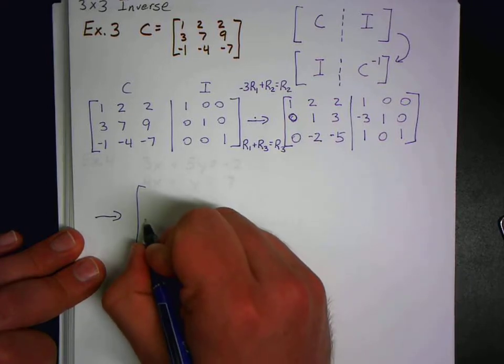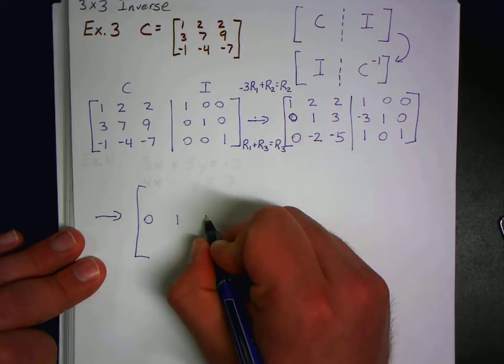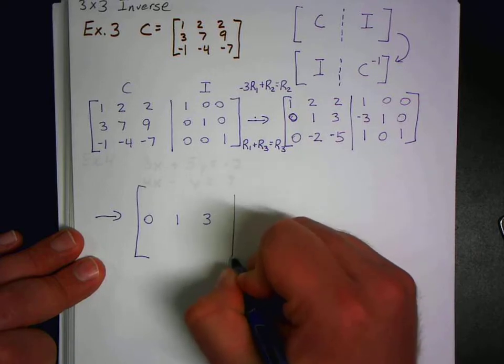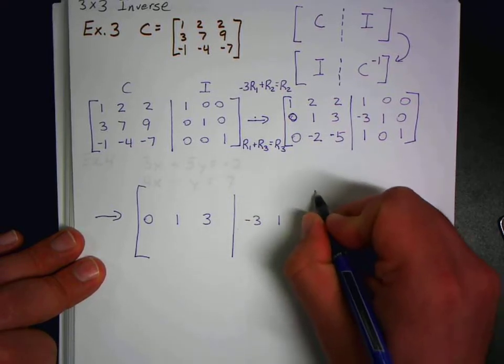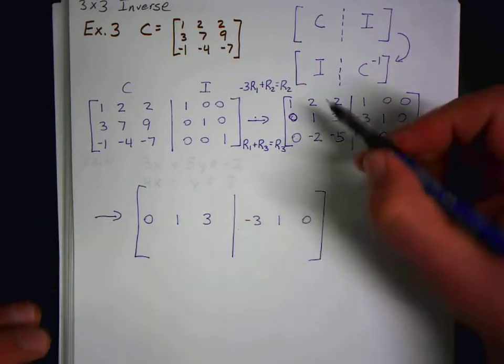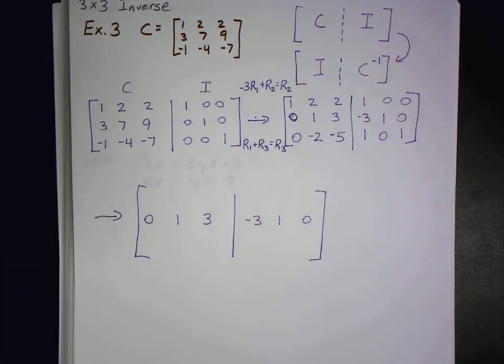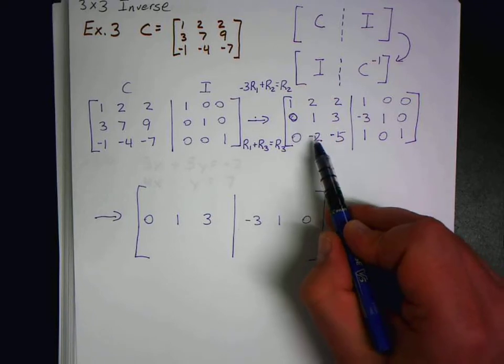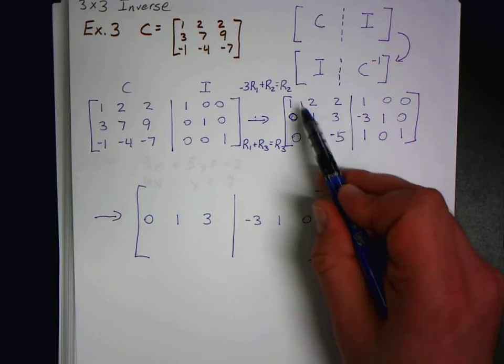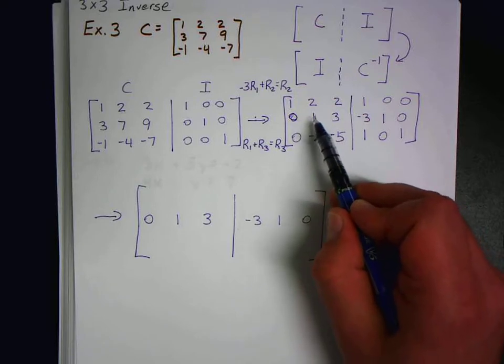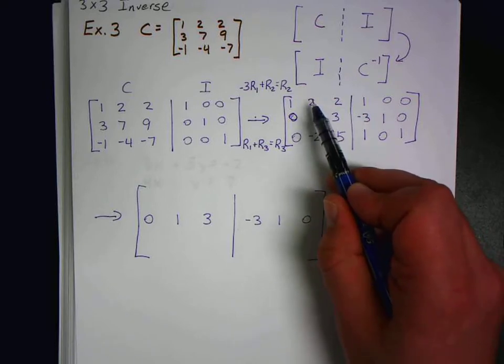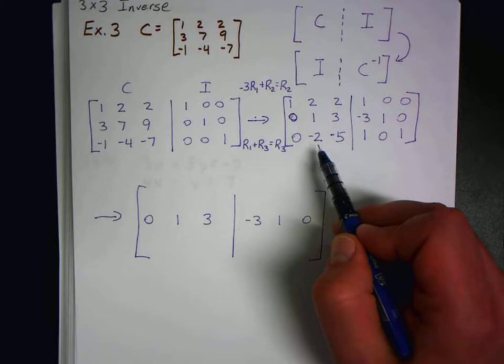Okay, my second step, I'm going to leave the second row alone. But I have to turn this whole thing into the identity matrix. So now instead of just changing this into a 0, I also have to change this into a 0. So I'm going to use this number right here to change both the top one and the bottom one.